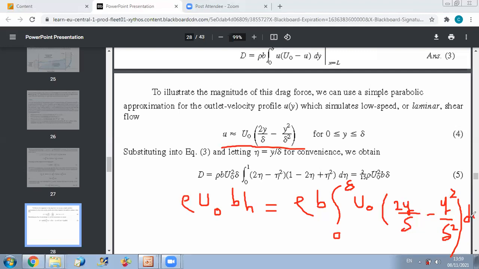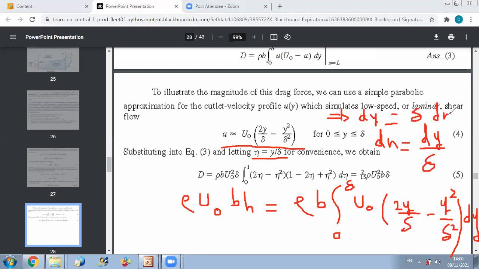So instead of integrating with respect to y, you say if I put n equals y over delta, then I can express dn. So dn will be equal to dy over delta. Okay, delta is a constant. So I can replace dy in my expression. I can do a change of variable and replace dy by delta times dn.